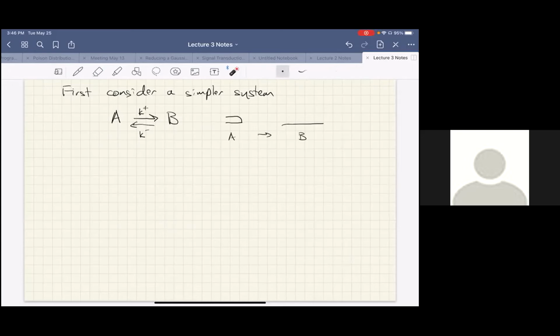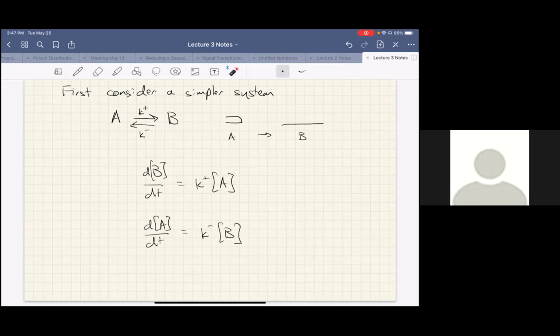If A produces B, I can write down this differential equation: dB by dt is equal to K plus times the concentration of A, and dA by dt is K minus times the concentration of B. Remember, A produces B, so the change I get in B depends on the forward rate, which is the concentration of A times K plus.